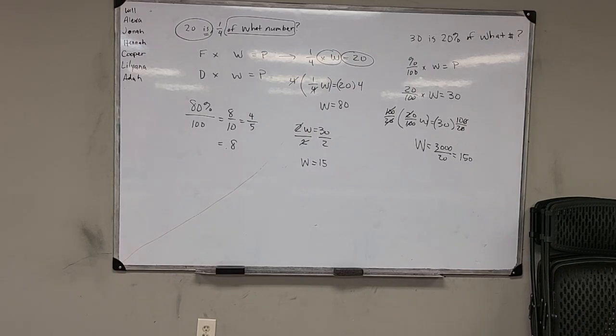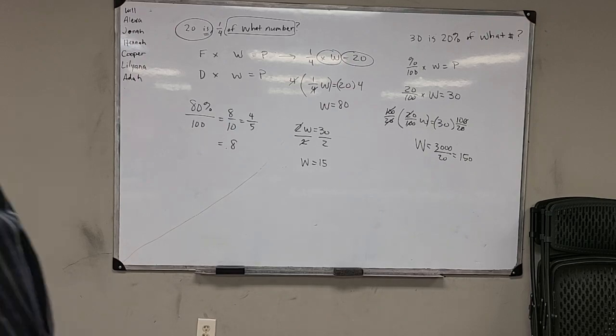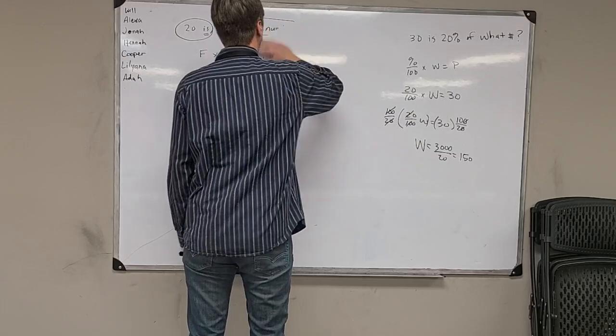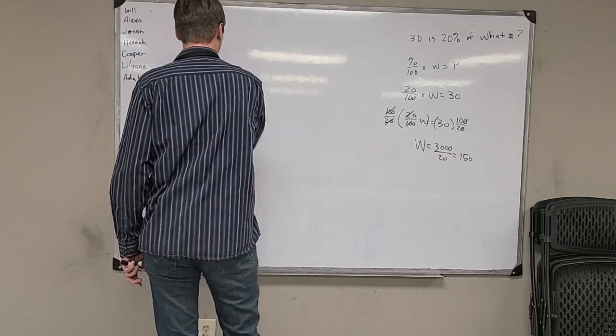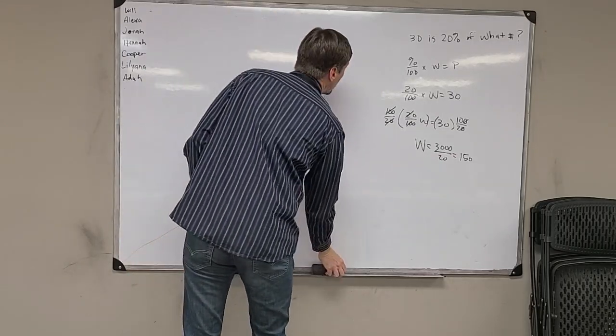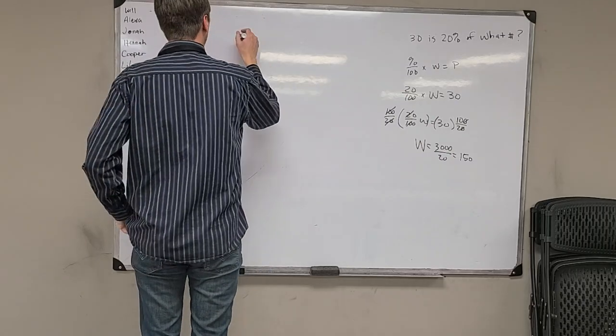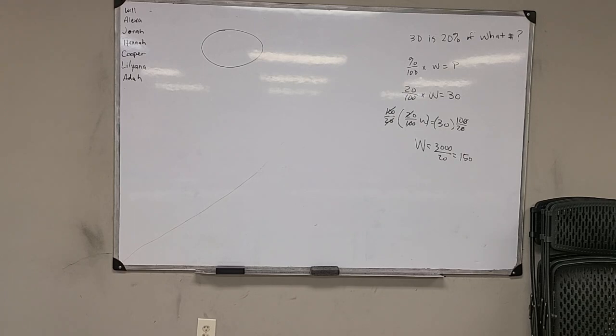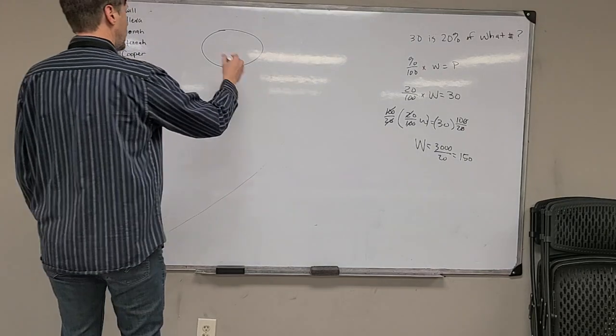And with the diagram, what we do is we draw a circle over here, which represents the 100% that we started with. So in this case, what we started with was 150.